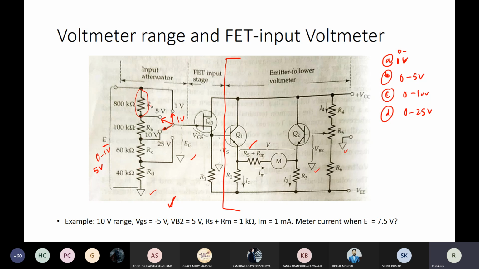You can do the calculation that when 10 volts is applied in this range, then the potential here will be 1 volt. So every time you select the switch, depending on the range which you want, whatever you get here is always 0 to 1 volt.